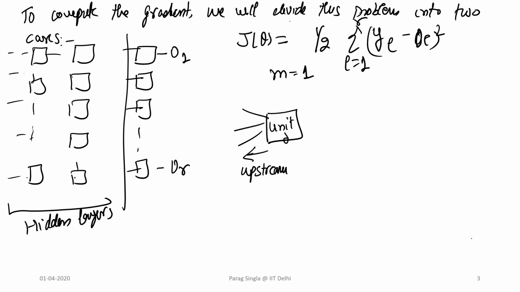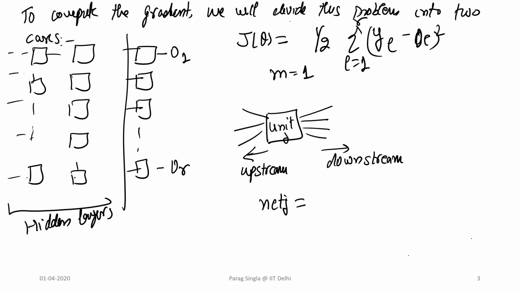And similarly, this unit will also be connected to some units in the following layer, which will be referred to as downstream, right? We'll also refer to upstream neighbors of j and downstream neighbors of j, right? I'll define that notation very soon. Also we'll define a quantity which is called net j, which is the net input into unit j.